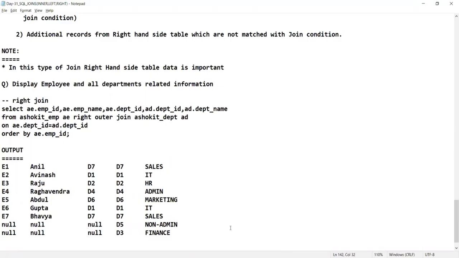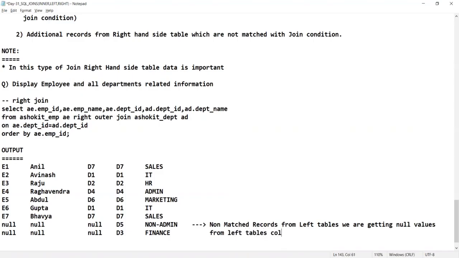These are non-matched records from the left table. We are getting null values from left table columns. Clear, sir, everyone? Everyone, is that clear?